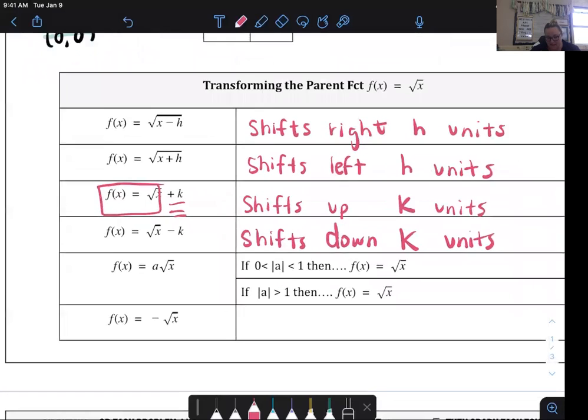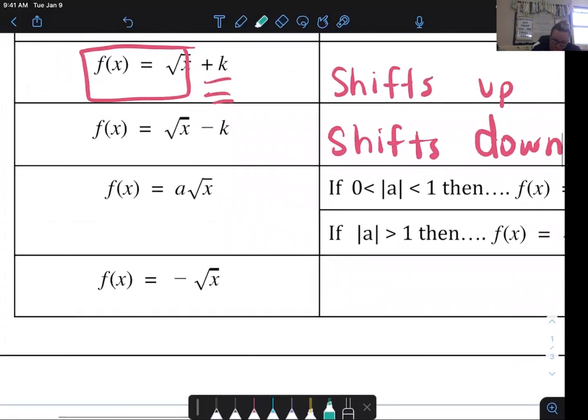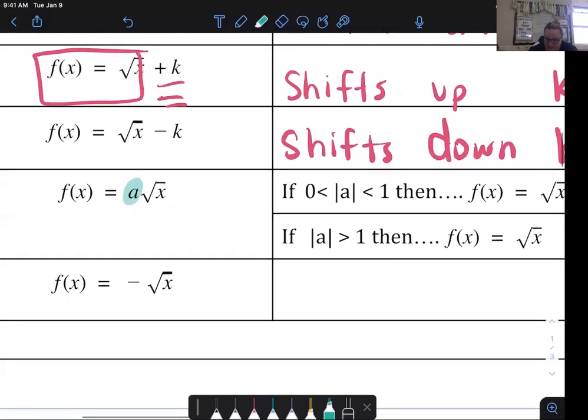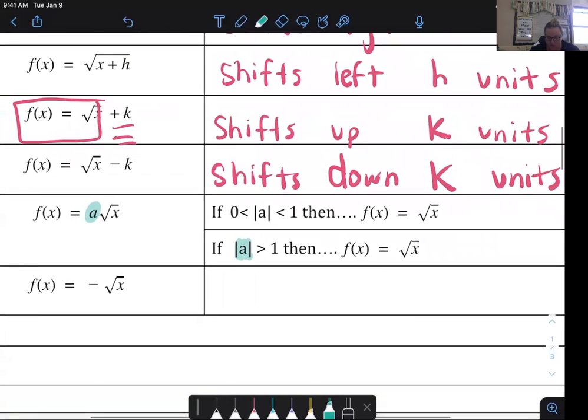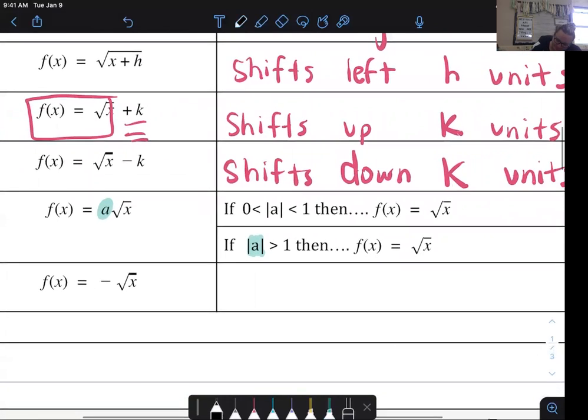Then if I take a number a and I multiply it by the square root of x, I want to use the absolute value of a in this case. So that means that if the absolute value of a is greater than 1, we have a vertical stretch.